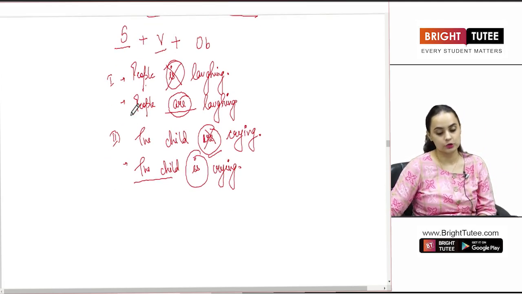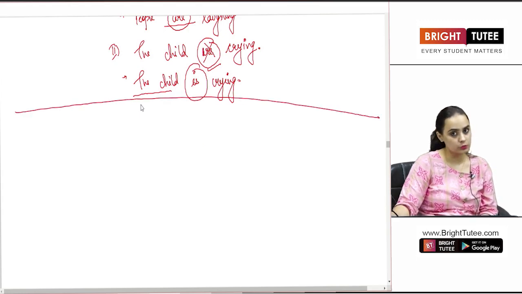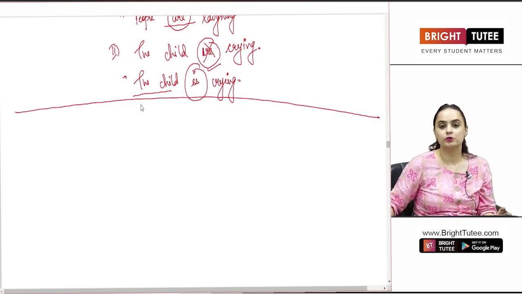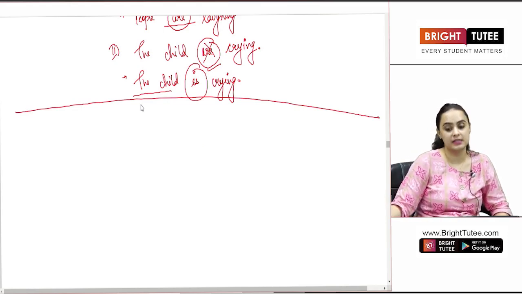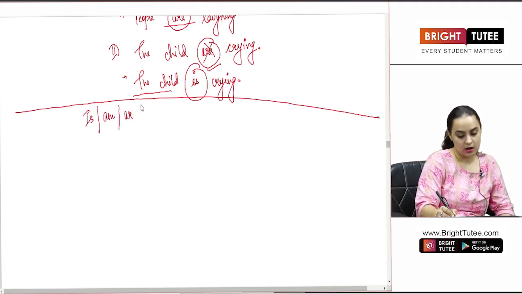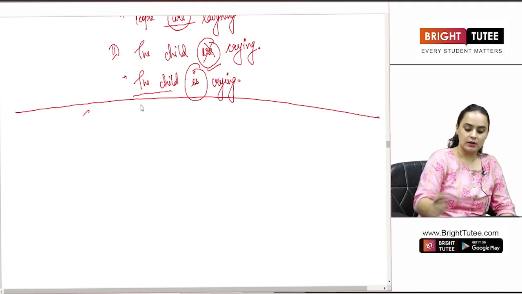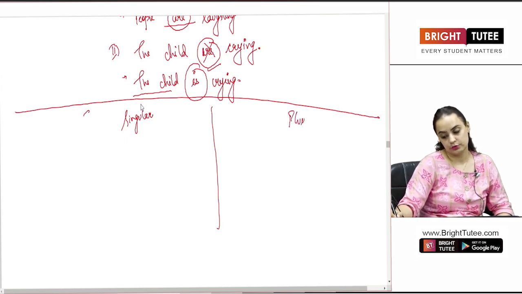Similarly, we are going to learn, but before I move on to telling you about the rules, it is important for us to first list all the verbs that we have, the helping verbs. We have is, am, are, or rather I will just tabulate them in singular and plural.